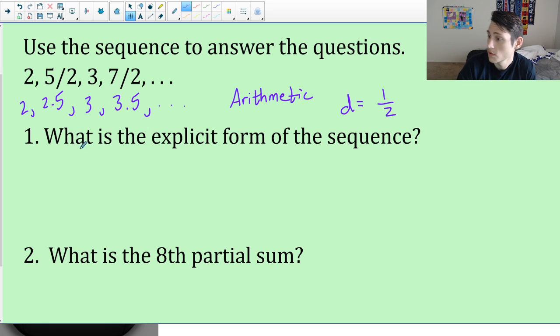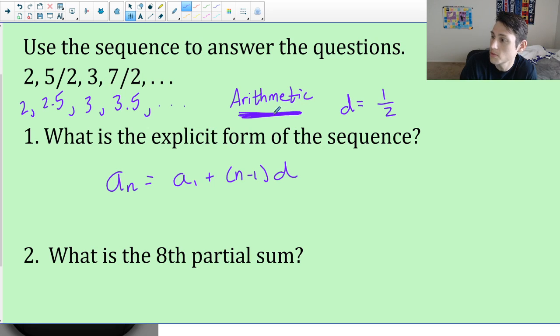All right, so number 1, what is the explicit form? We had a formula for that, which is a1 plus n minus 1 times d. This is how we create the explicit form of an arithmetic sequence specifically. Not any sequence, just an arithmetic sequence.